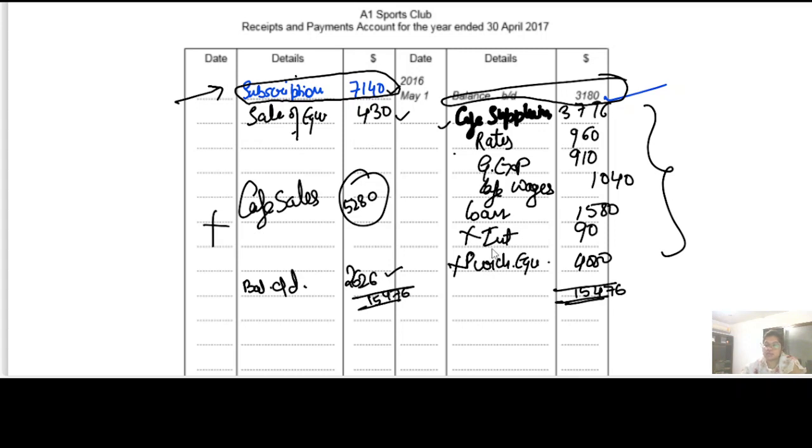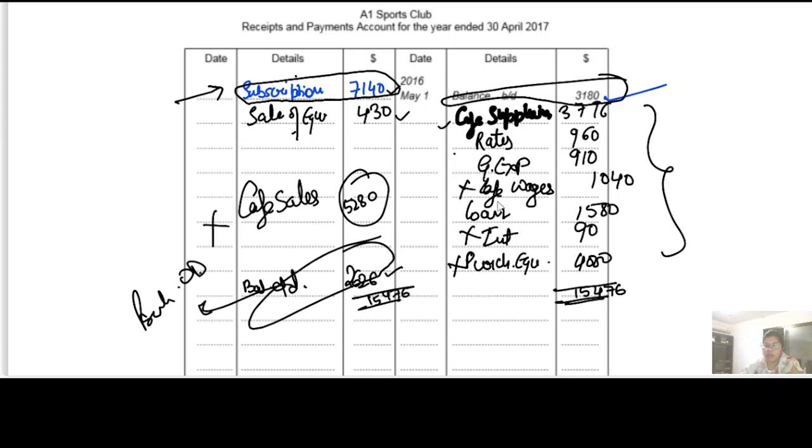Okay, next is rates, we are going to record. Okay, and cafe sales, the closing value, this one. Bank OD is also not going to be recorded. Cafe wages, if it is related to the cafe, again we are not going to record it.